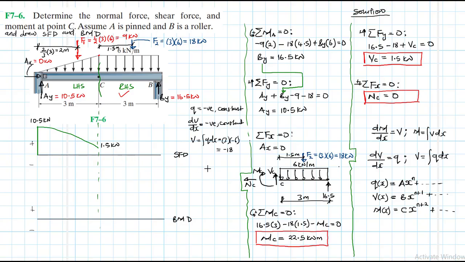So let's find the point where our curve is going to end. We have an initial positive value of 1.5, then minus 18. So we have 1.5 minus 18. This gives us a minus 16.5.